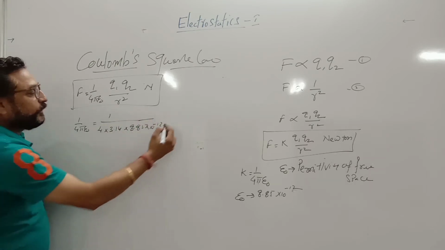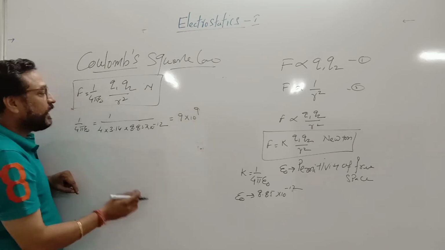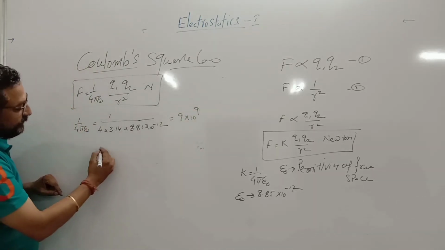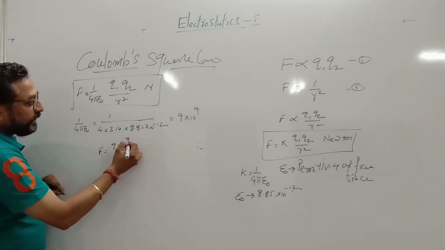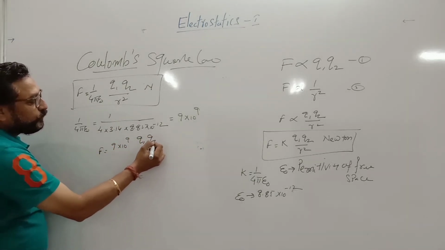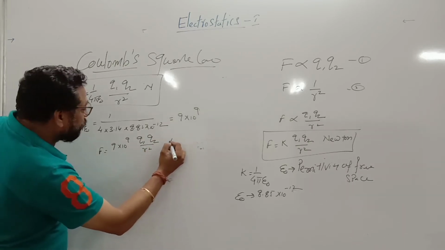The numeric value taken out is 9 into 10 to the power 9, and that's the final answer: F is equal to 9 into 10 to the power 9 Q1 Q2 upon R square, and the unit is Newton.